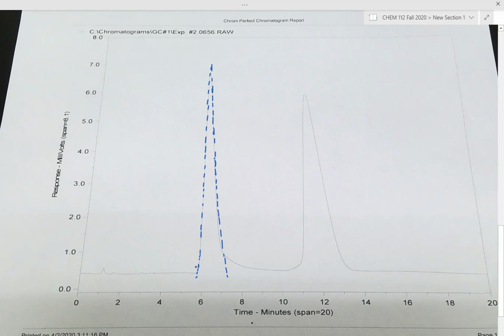Now what we're going to do is record the times when the two tangent lines intersect our x-axis. So in this case, we have T1 as about 5.8 and T2 is about 7.3, just as an estimation.